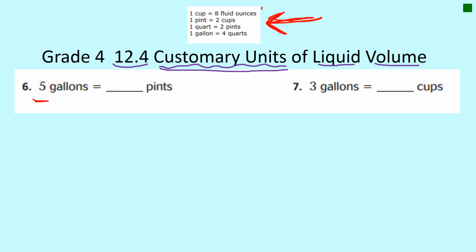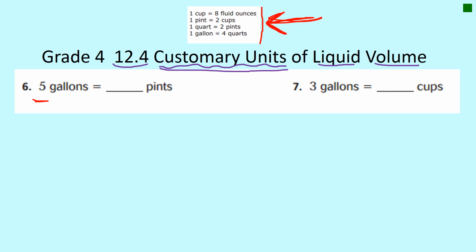So when I look up at my chart, let's see, I see 1 gallon equals 4 quarts, 1 quart equals 2 pints, but nowhere does it say 1 gallon equals a certain number of pints, does it, guys?